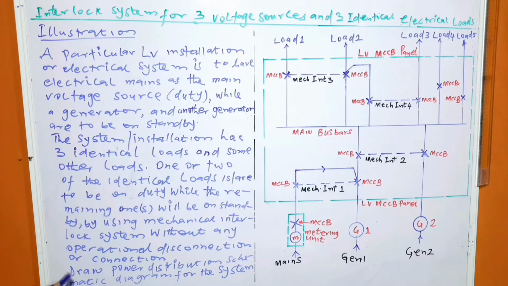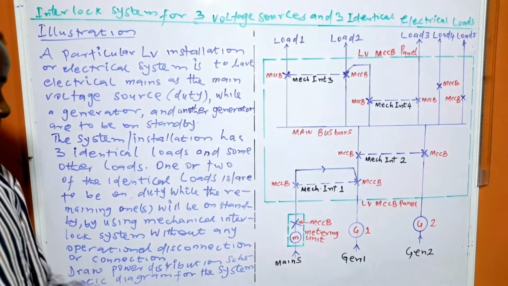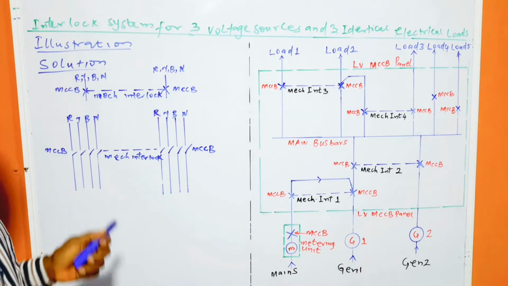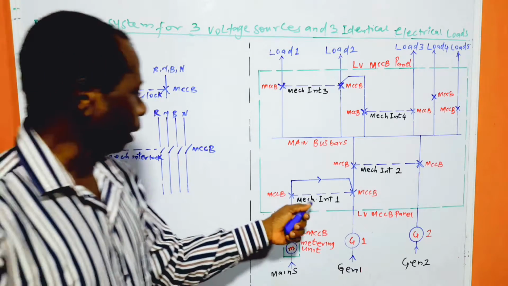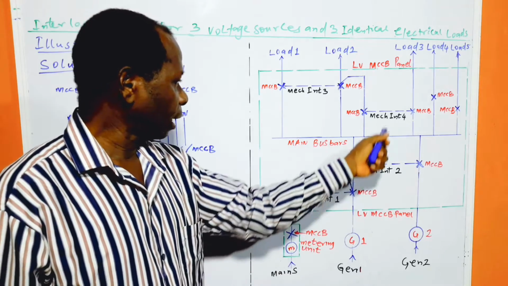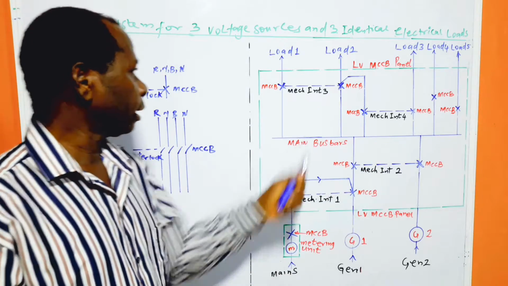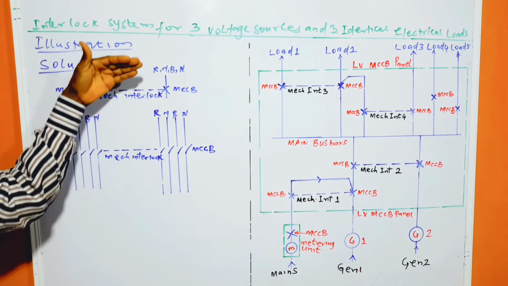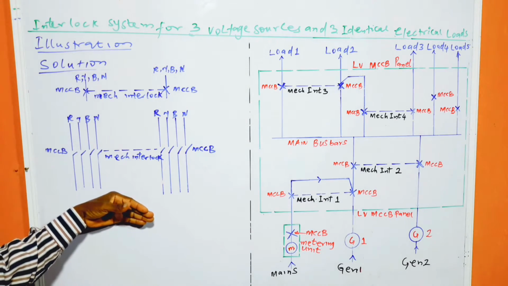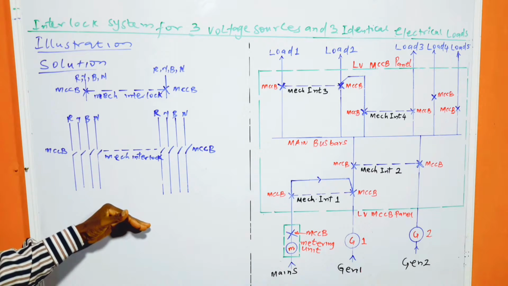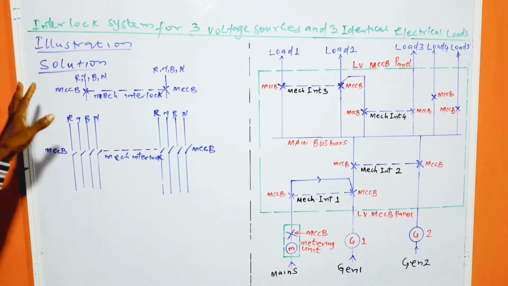Now the main question is: draw the power distribution schematic diagram for the system. As I make progress, let me talk about the mechanical interlock. These are the technical representations of a mechanical interlock.